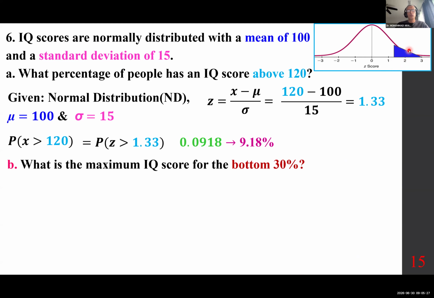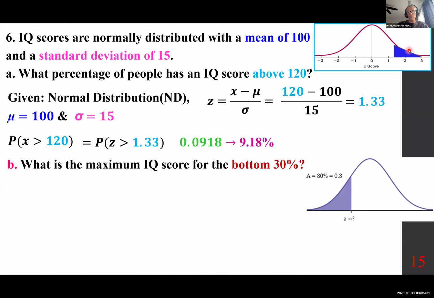What is the maximum IQ score for the bottom 30%? So let's locate the bottom 30%, it is this. That means the area is 0.3. So first we want to find the z-score. To find the z-score, you can go with the table, you can go with the technology. The table gives you a number somewhere in between.